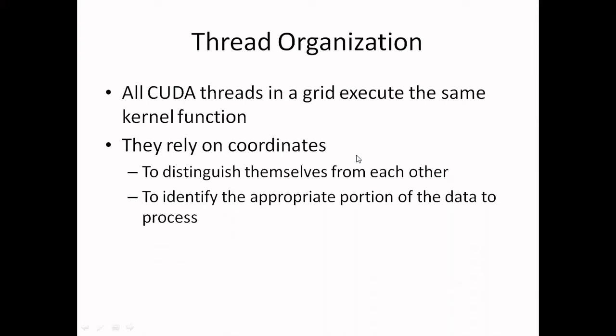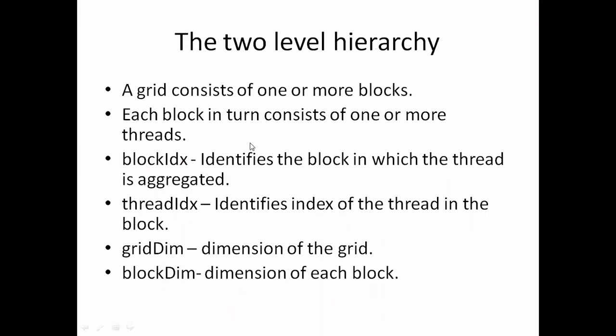You should understand that we can access these threads by specifying their coordinate values. Coordinate means the block index as well as the thread index. In here what we follow is a two-level hierarchy.